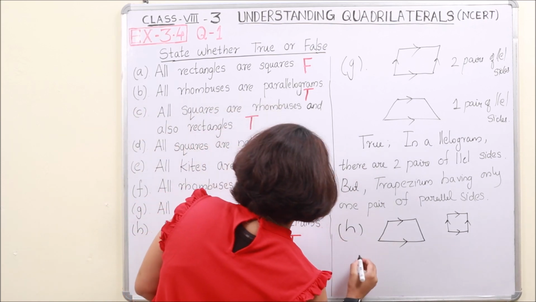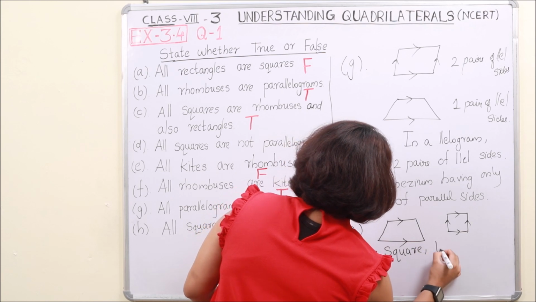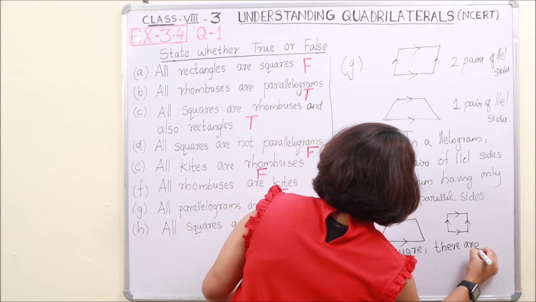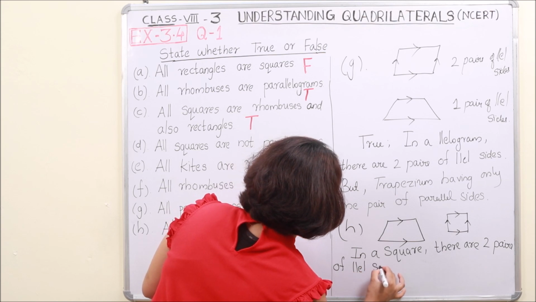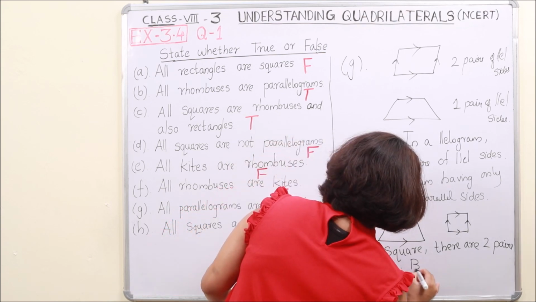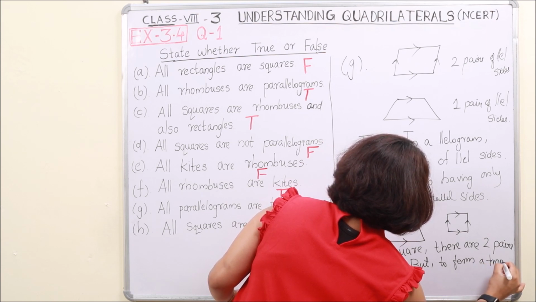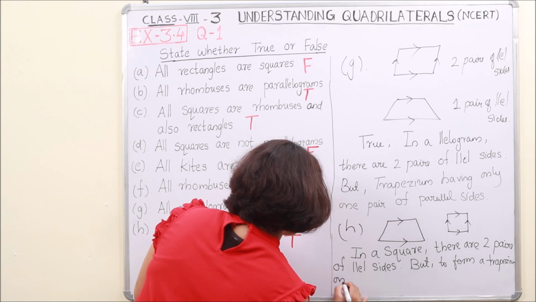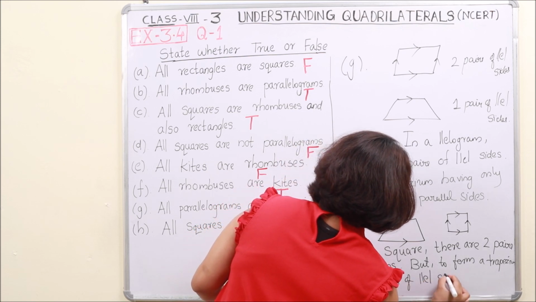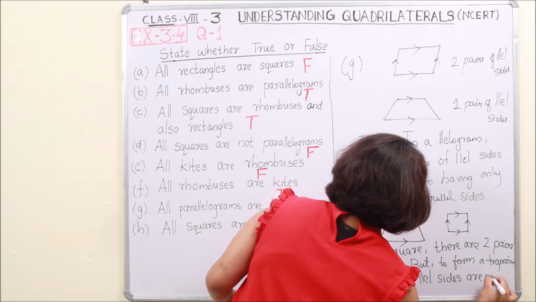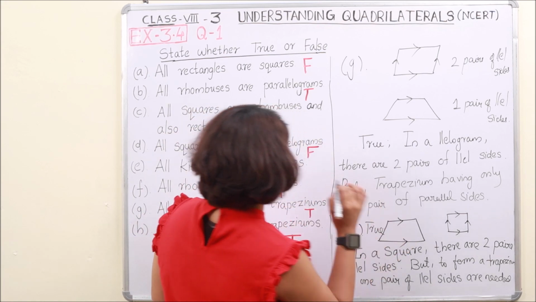The reason is, in a square there are two pairs of parallel sides, but to form a trapezium, only one pair of parallel sides is needed. So the statement is true. Clear?